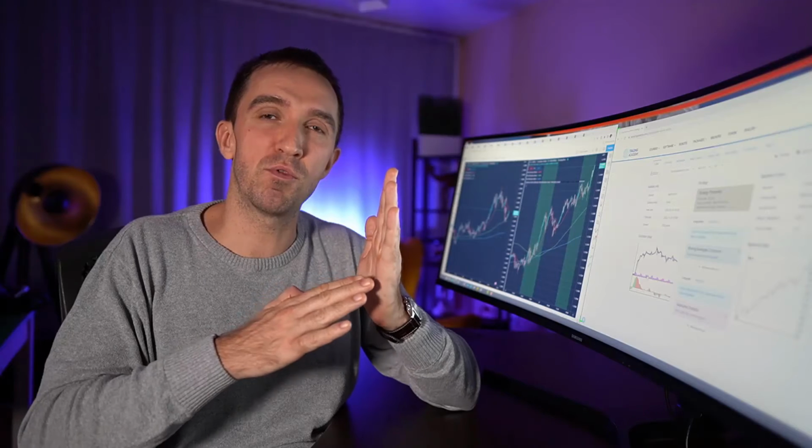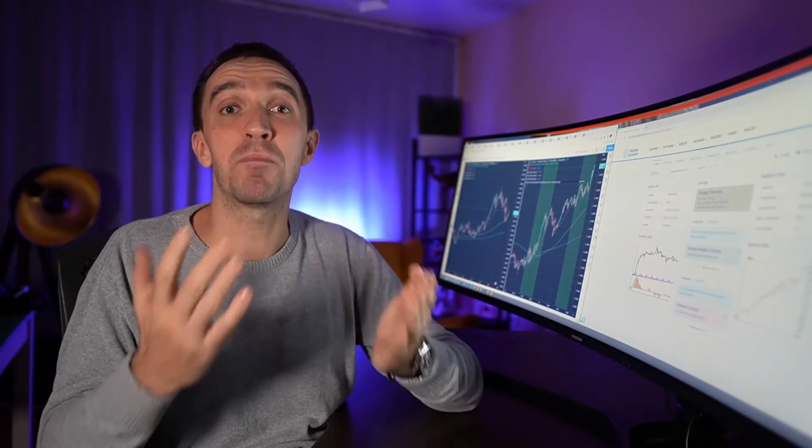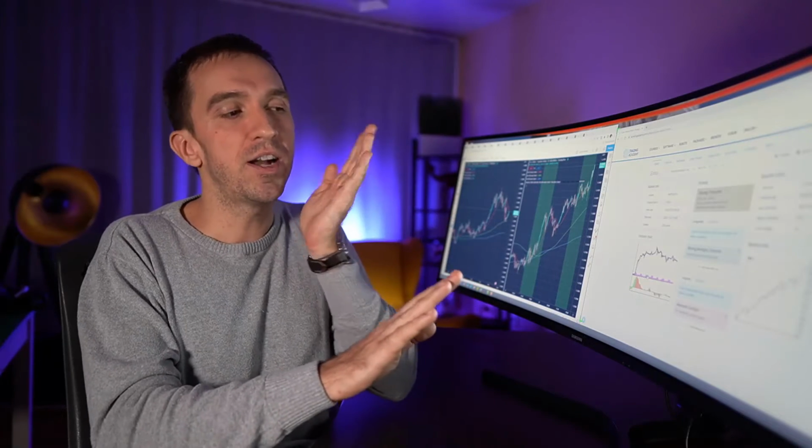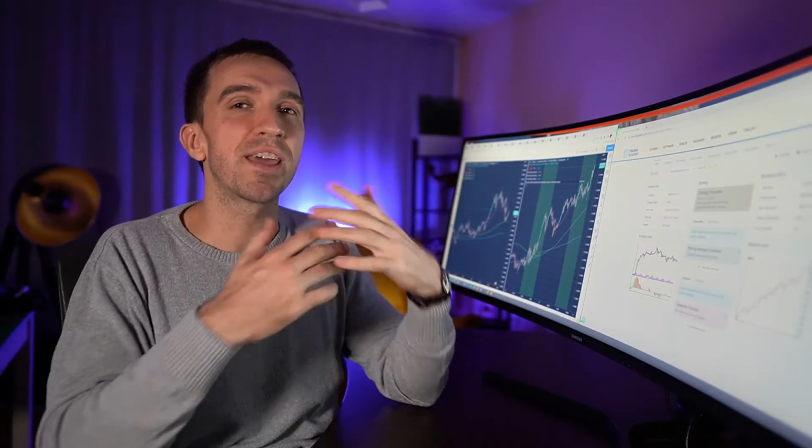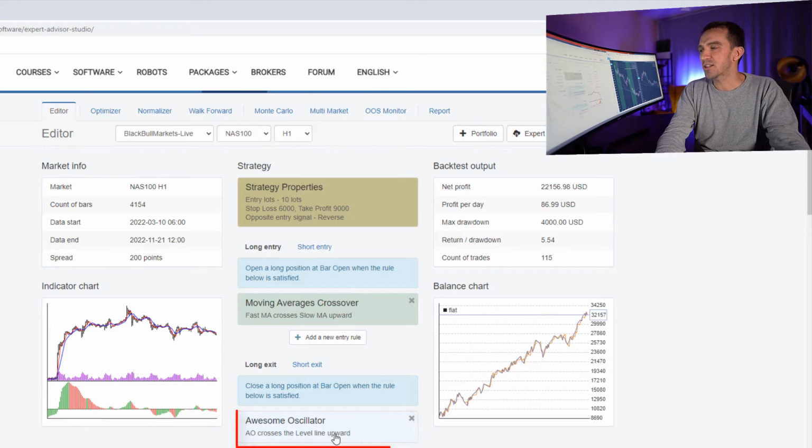Whenever the fast moving average crosses the slow moving average upward, this is our buy signal. The opposite applies for the short trade. So whenever the fast crosses the slow one downwards, we have a sell signal, and the Awesome Oscillator crossing the level line upward is our exit for the long trade, and the opposite is for the short trade.